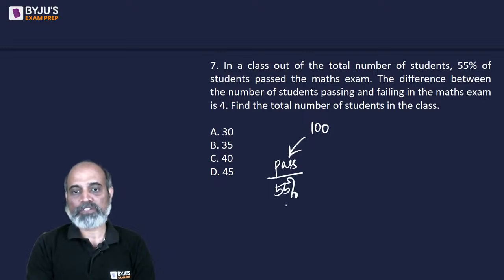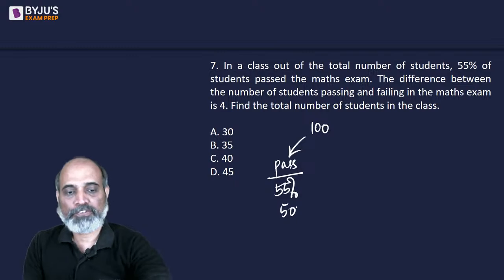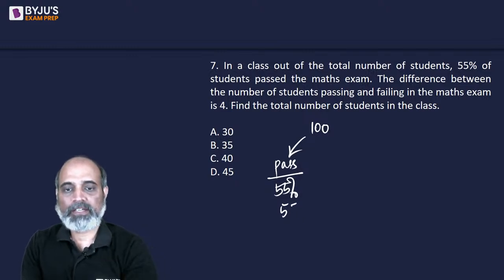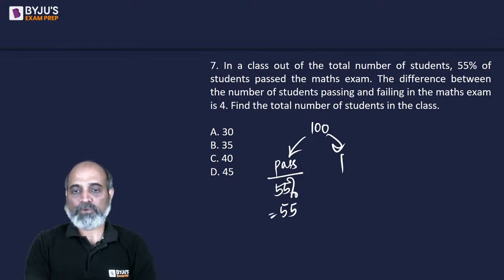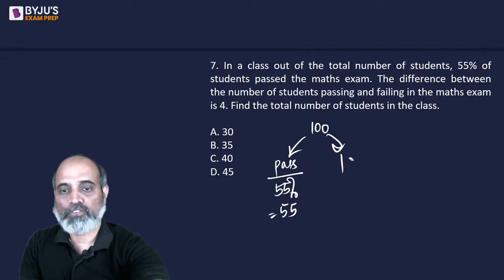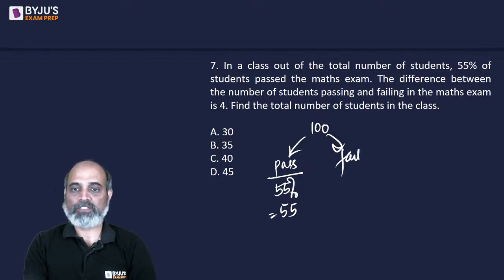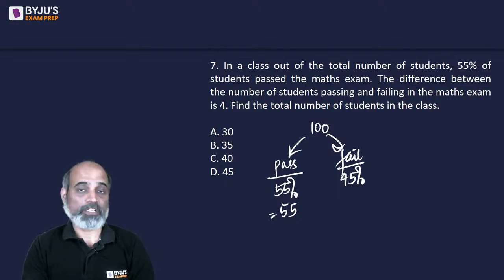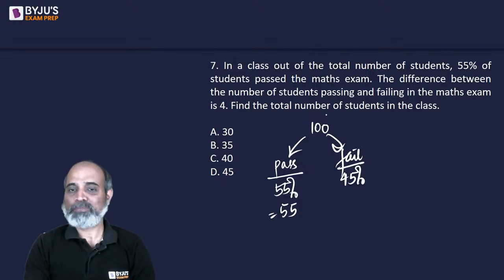So 55% of 100 is nothing but 55, right? And the number of students who failed the exam is obviously the remaining. So 45% will be the failed students, because 55 plus 45 is 100. So 45% will become 45.